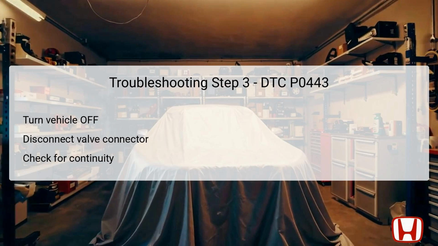During this check, the vehicle must remain in the off condition, and the connector should be disconnected to ensure accurate readings. If continuity is present, it indicates the circuit is intact, allowing you to move on to the next troubleshooting step. If continuity is not found, it suggests a malfunction in the purge valve, necessitating its replacement for proper operational integrity.